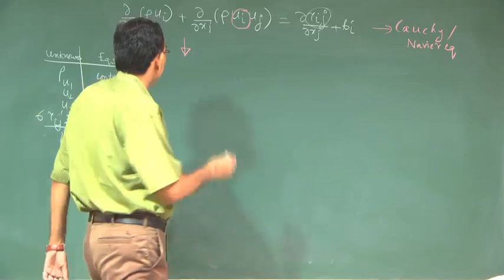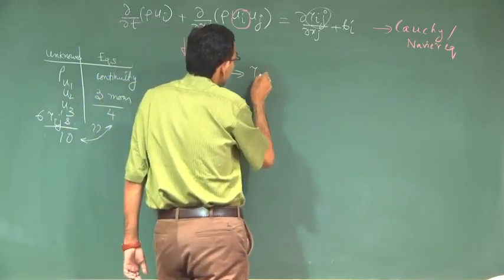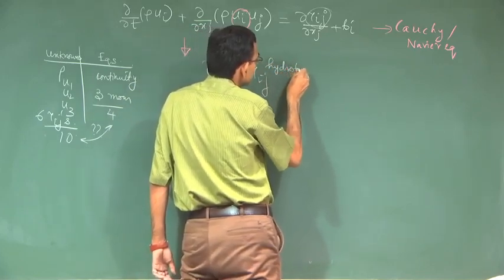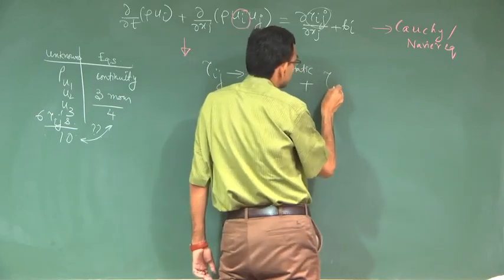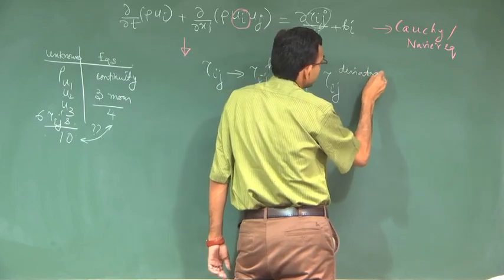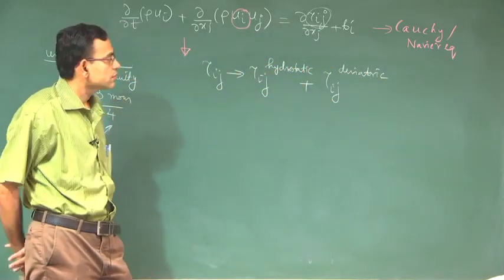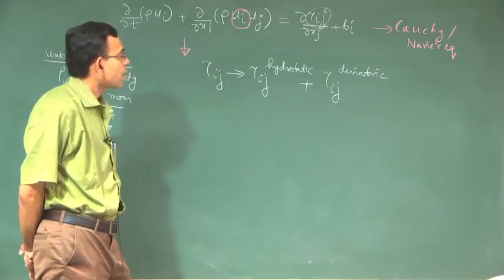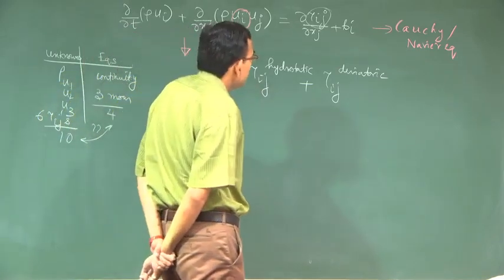So, tau ij we can write as tau ij hydrostatic plus tau ij deviatoric.